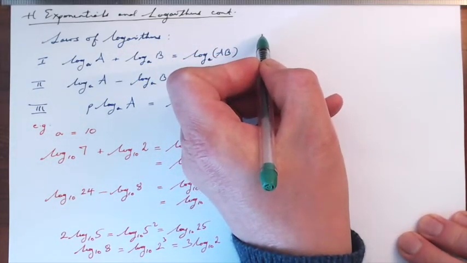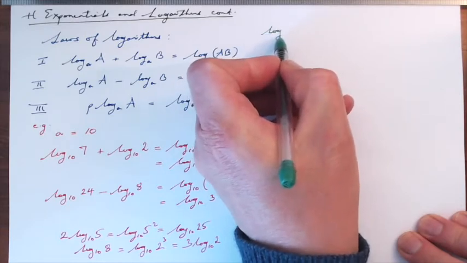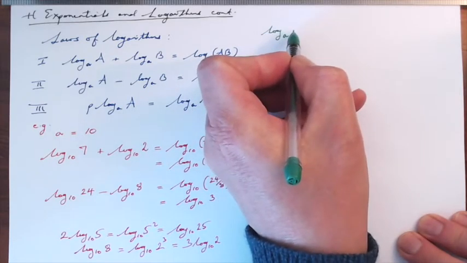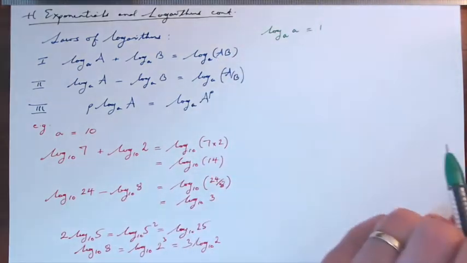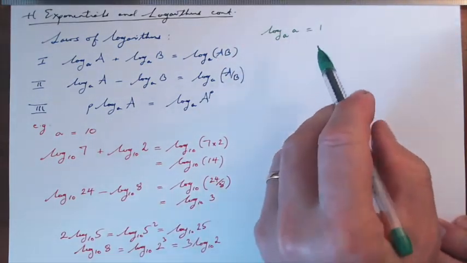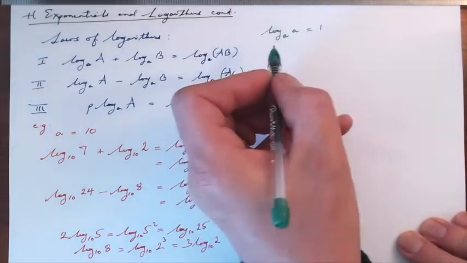Because we know that a fundamental property of logarithms is that log to the base a of the base itself is 1, this means that we can express any number in the following way.